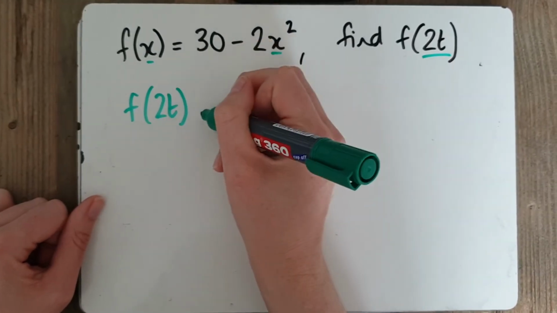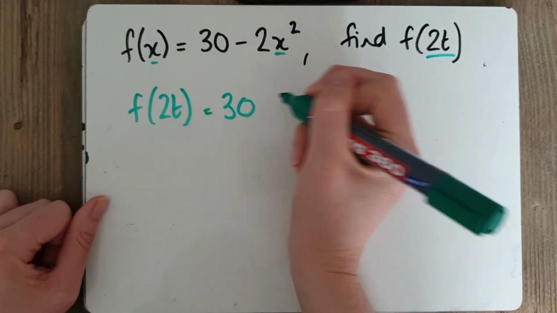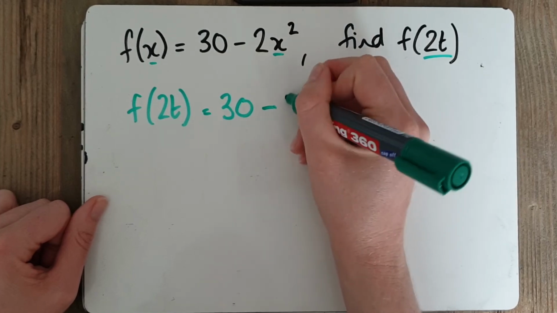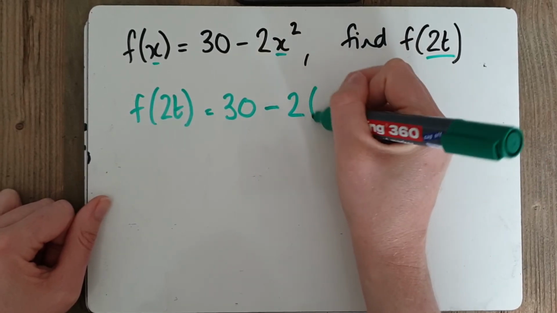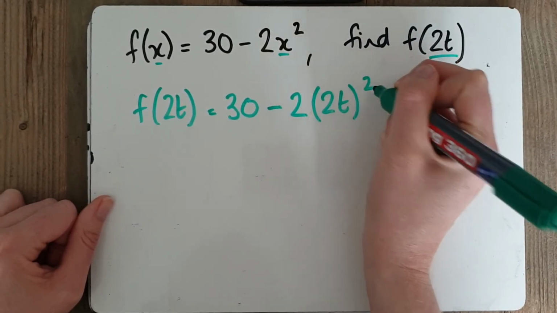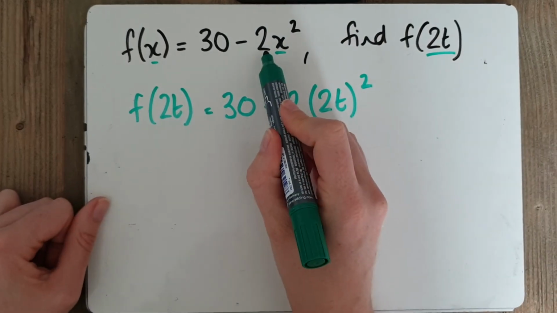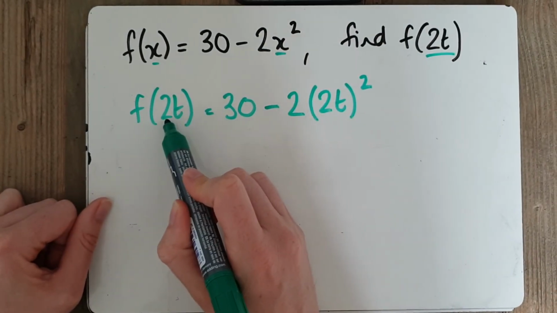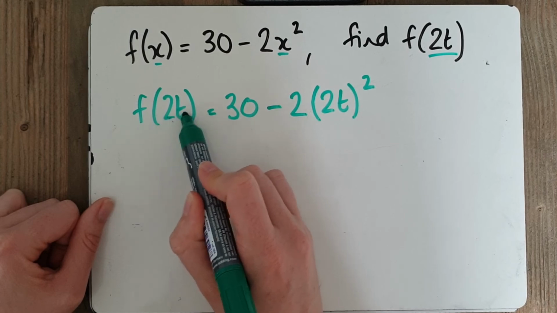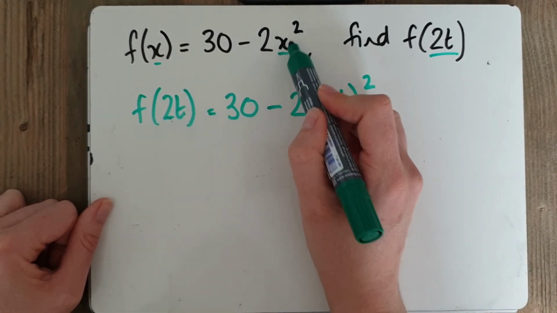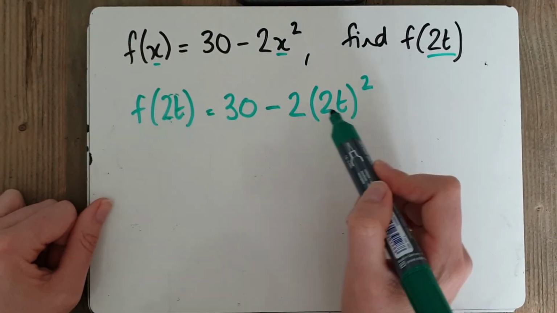So this function starts with 30 and then subtracts 2 lots of whatever was in the brackets squared. This 2 is not squared. This 2 is, because this 2t is now going to replace x, so the whole of that will be squared.